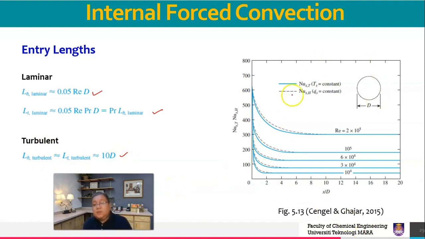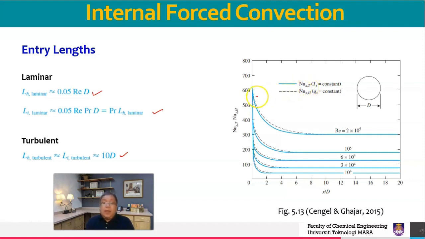Let's look at this figure 5.13. You will have a Nusselt number for thermal and a Nusselt number for hydrodynamic, the Nusselt number of velocity and the Nusselt number of temperature.